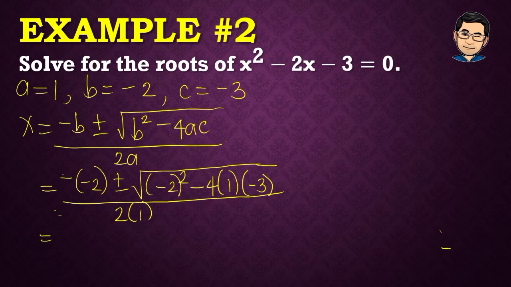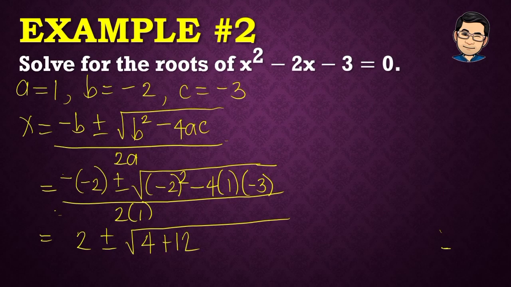Next, negative, tapos negative 2 na nakapalob sa parenthesis, magiging positive 2. Plus, minus, the square root of negative 2 squared, that is 4. Negative 4 times 1, negative 4 times negative 3, positive 12.